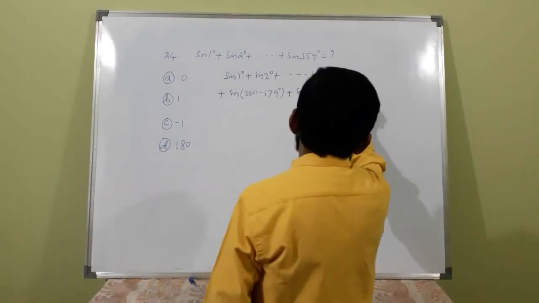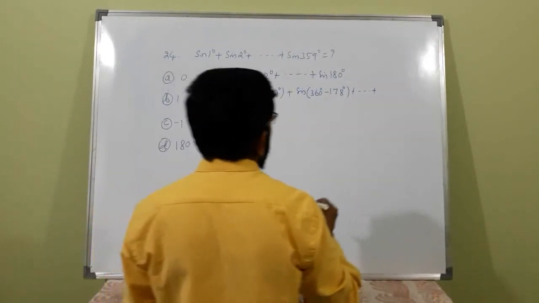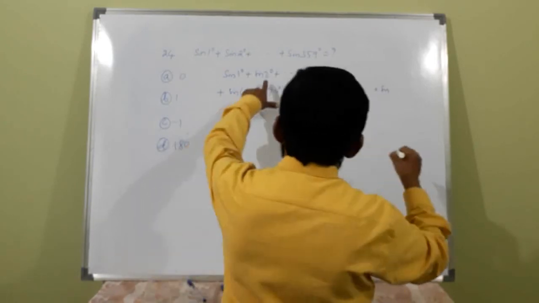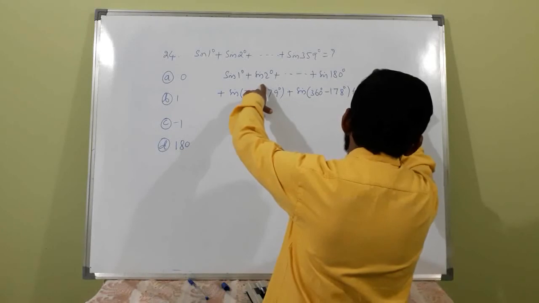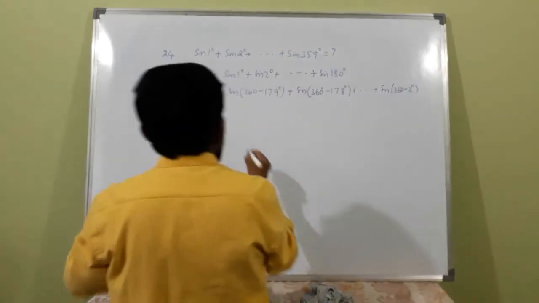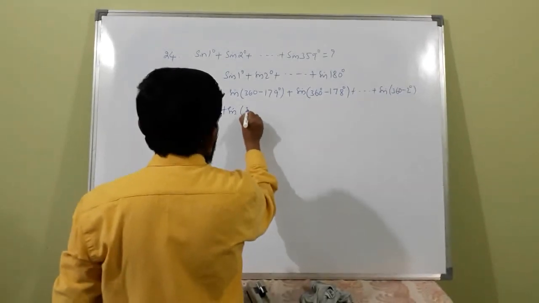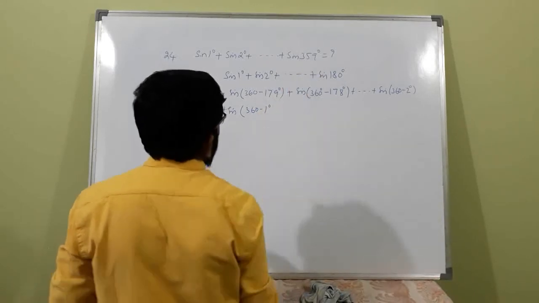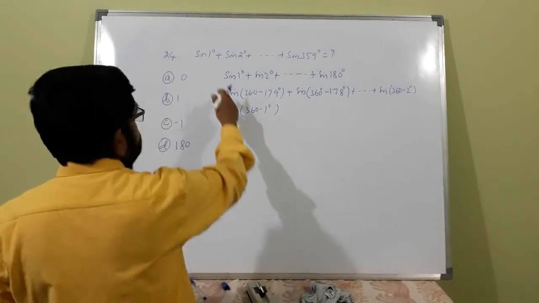So on up to sin 2 pi, sin of 360 minus 2 degree, plus sin of 360 minus 1 degree, that is 359. See, this series continues.